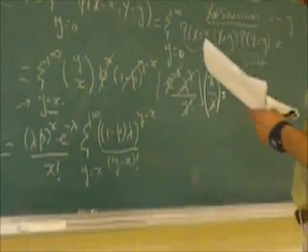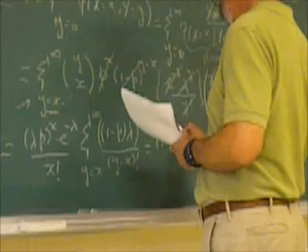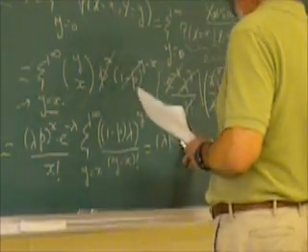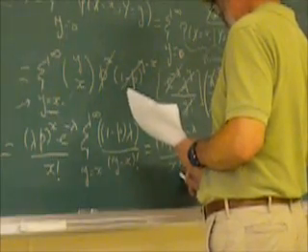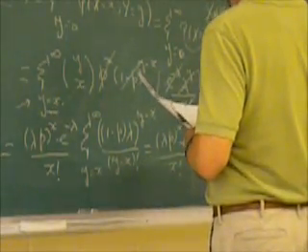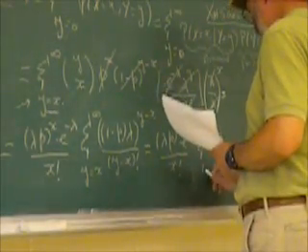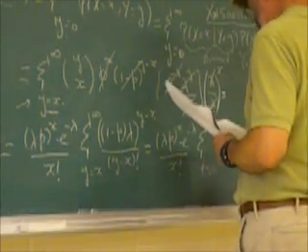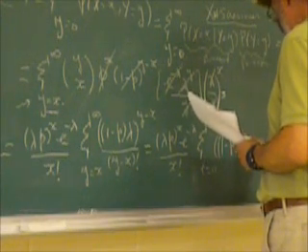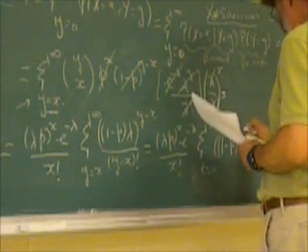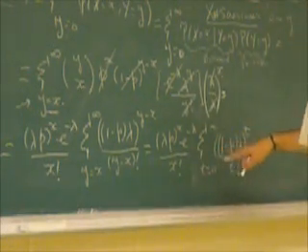Now, this can be written as lambda p to the power x, e to the minus lambda, and then x factorial in here, and here we have the sum of t equals 0 to infinity of 1 minus p multiplied by lambda to the power t divided by t factorial. Why is that?